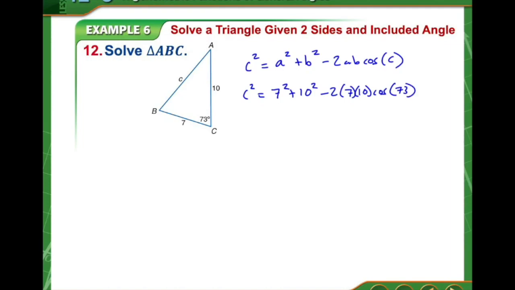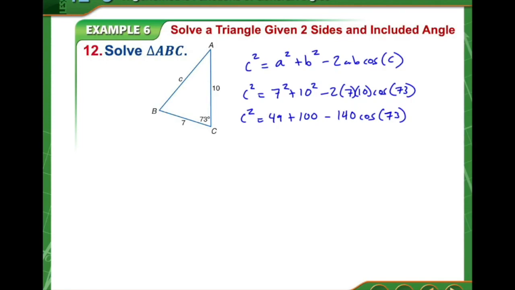So plugging these in, or simplifying this down before we plug it into the calculator, 7 squared is 49, 10 squared is 100, 2 times 7 is 14, 14 times 10 is 140, times cosine of 73.